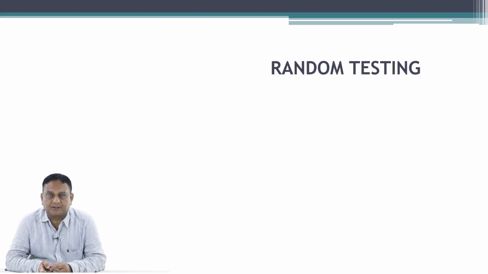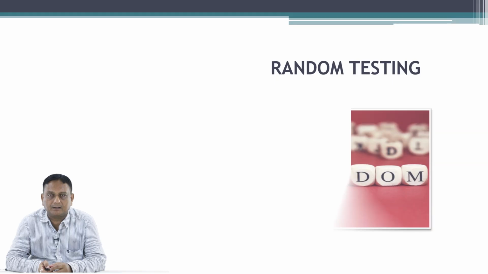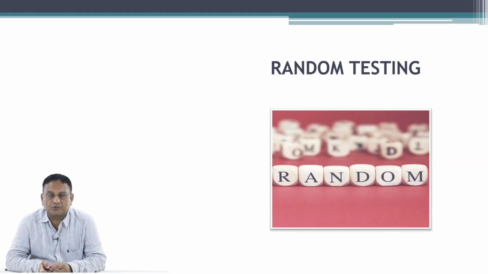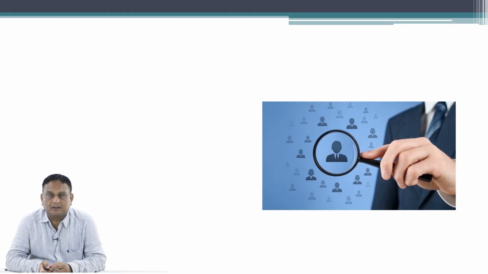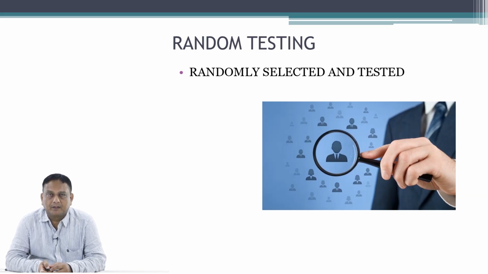Then comes the random testing. What are the areas covered under random testing? Randomly, from the supplier's database or the supplier's factory, a buyer can pull samples and test. The supplier can also test their product randomly. So randomly selected samples will be tested in random testing, depending upon the garment.